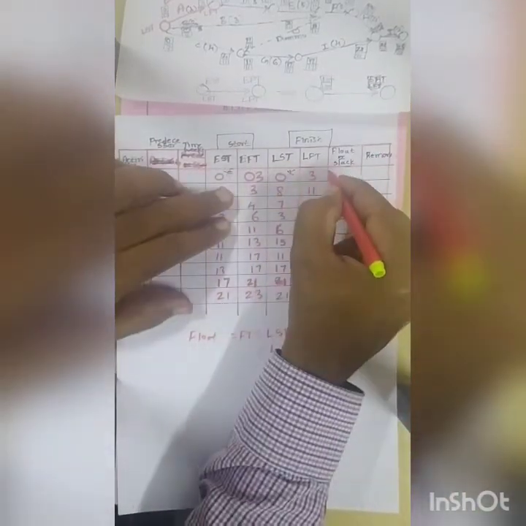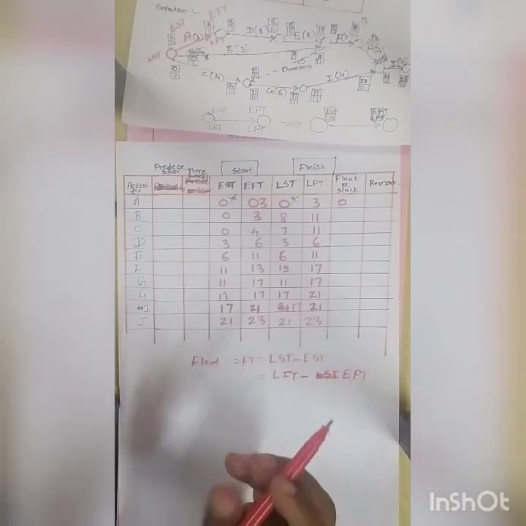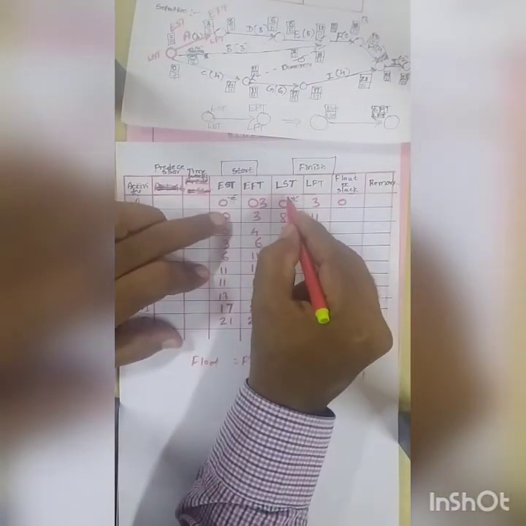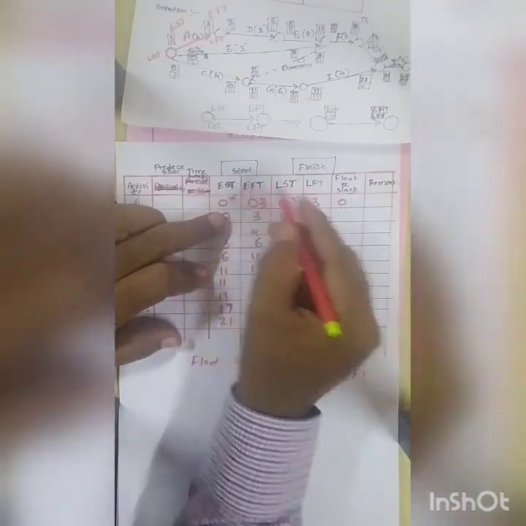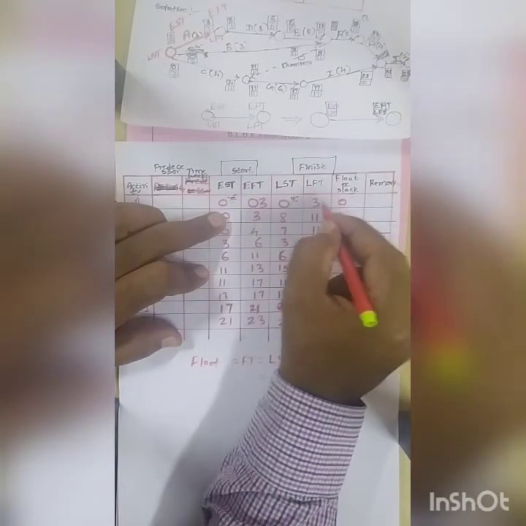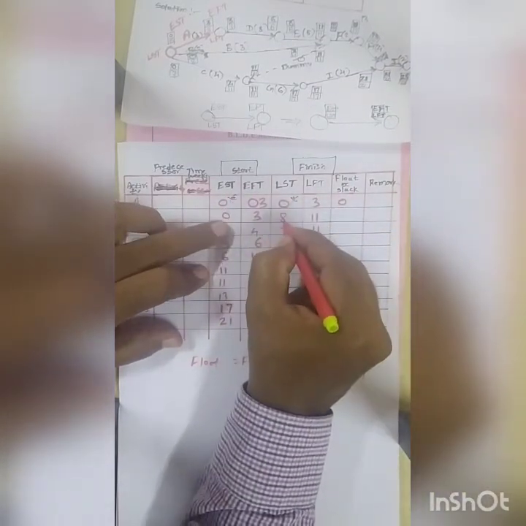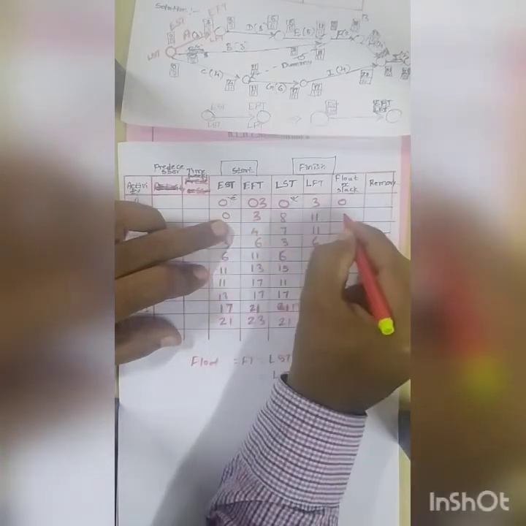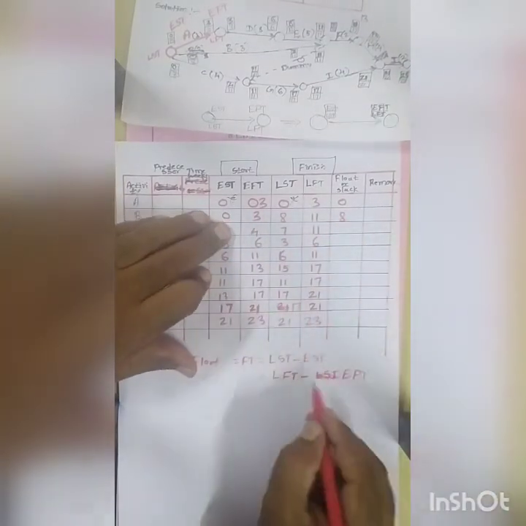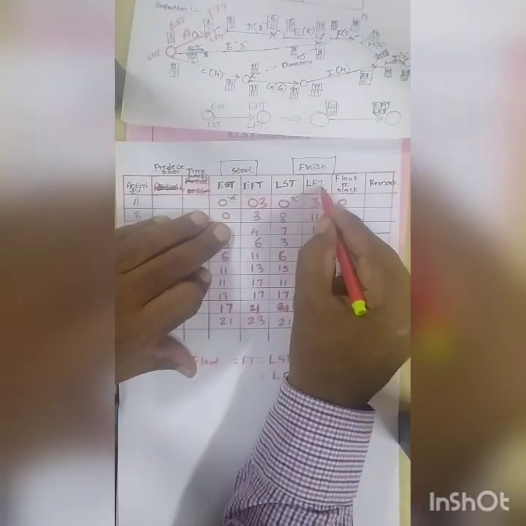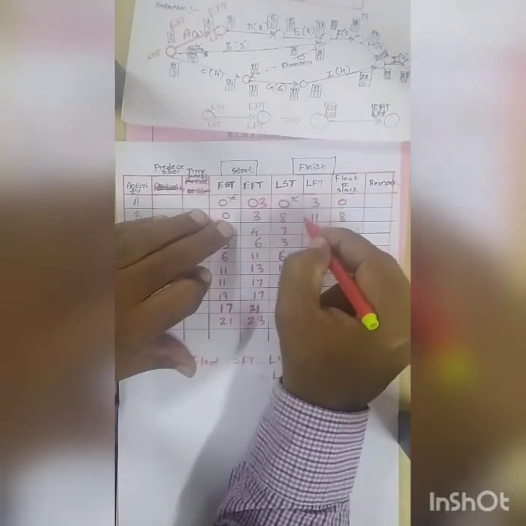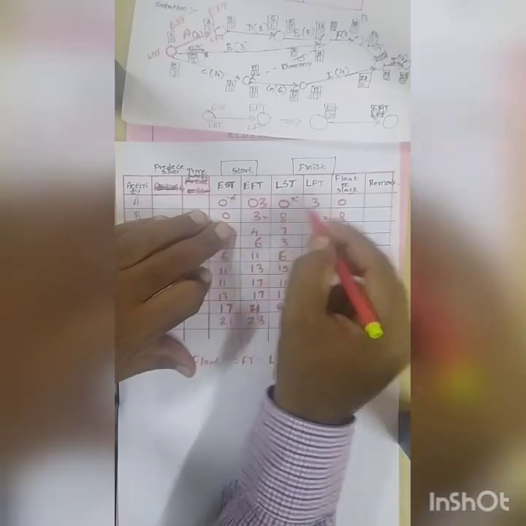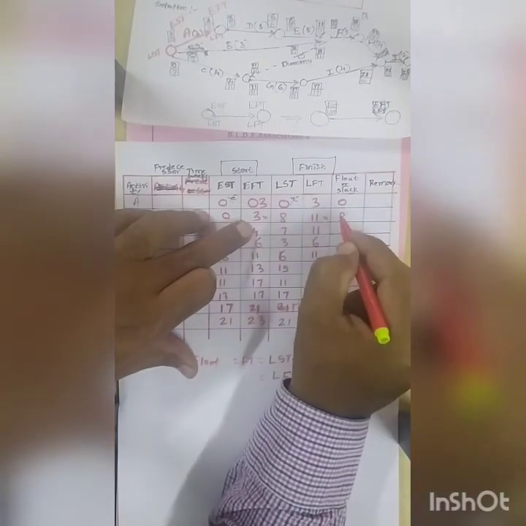Latest start time minus earliest start time: this minus this is 0, and next this minus this, 8 minus 0 is 8. As well as LFT minus EFT, 11 minus 3 is also 8.